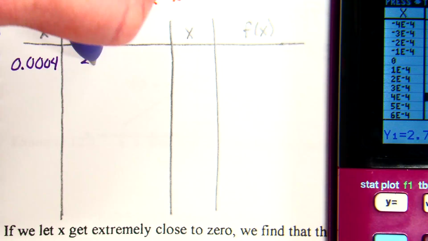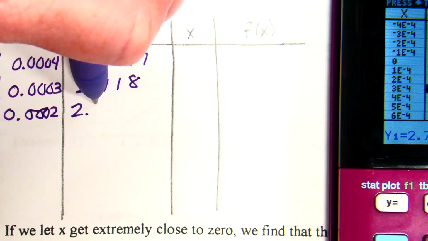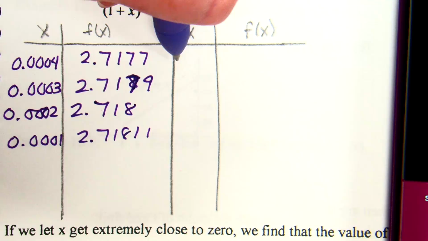At 0.003 it was 2.718. 0.002 was, oh wait a minute, that was supposed to be 2.7179. Now it's 718. And 0.001, 2.7181.